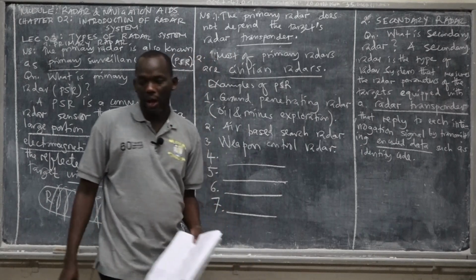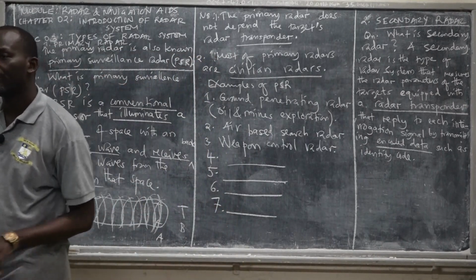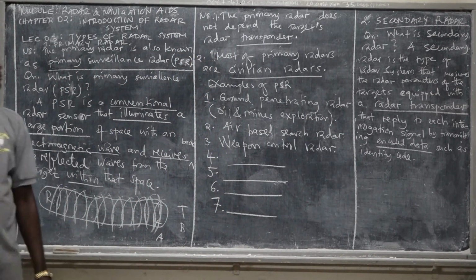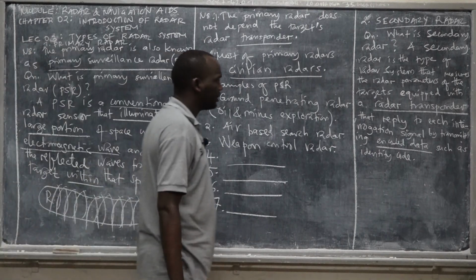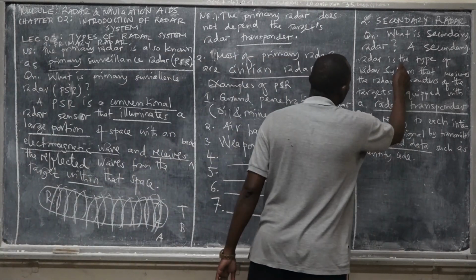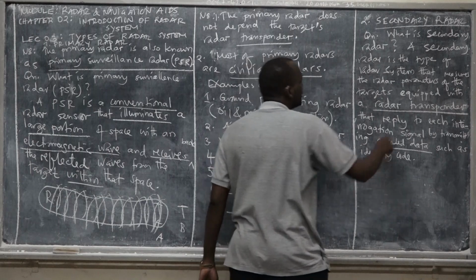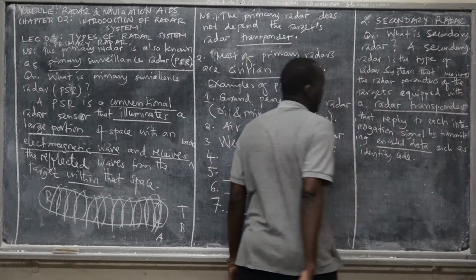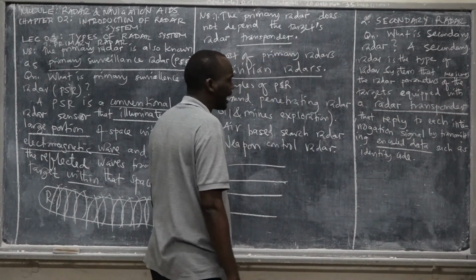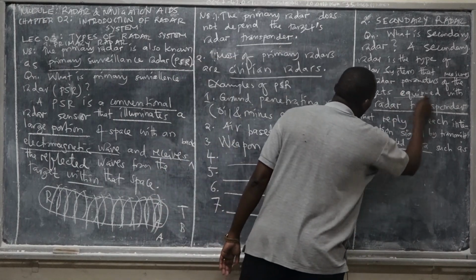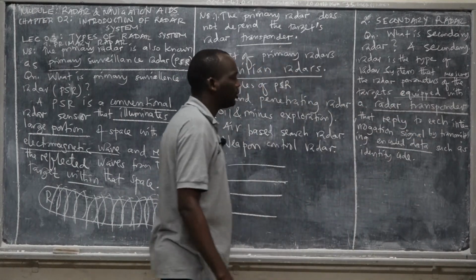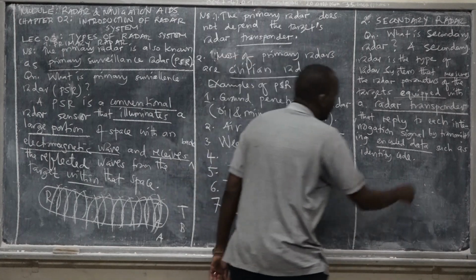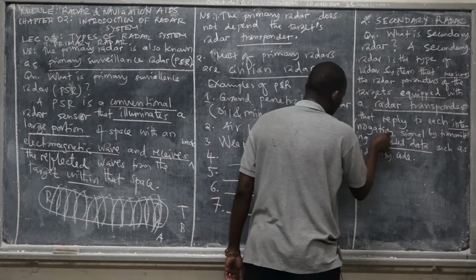So this is one of the definitions of the secondary radar. Secondary radar is a type of radar system that measures or determines radar parameters of the targets equipped with radar transponder that reply to each interrogation signal.